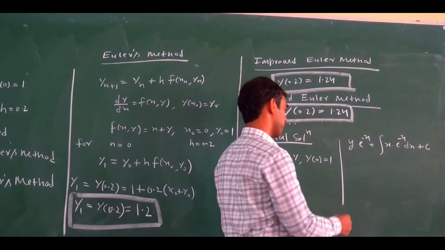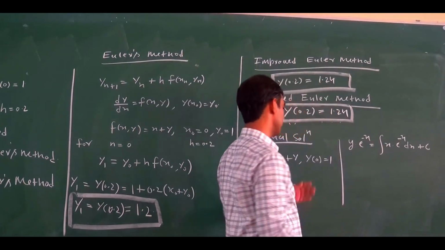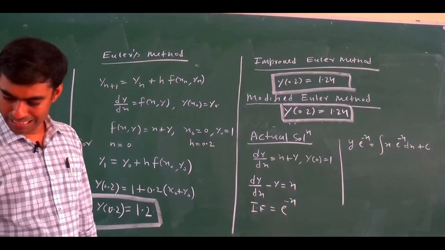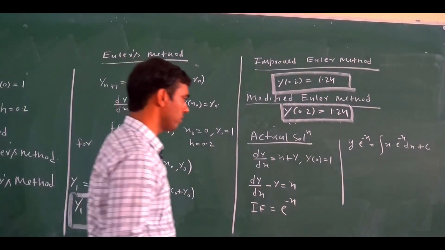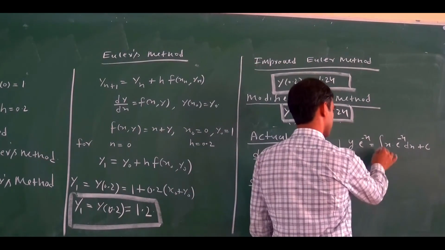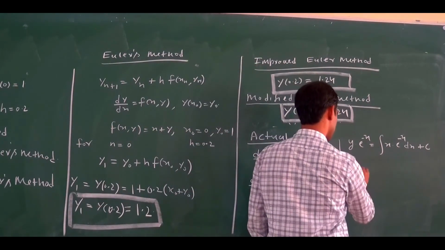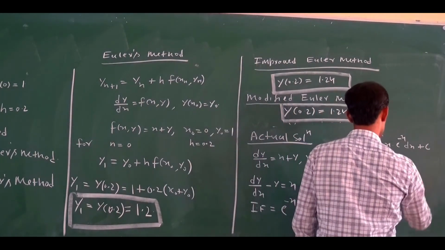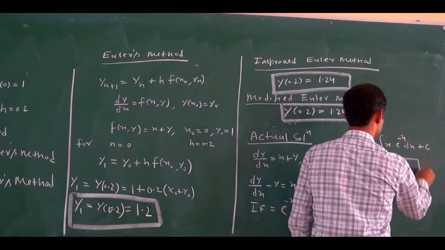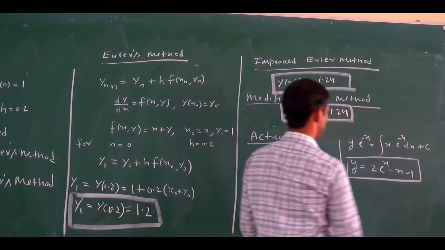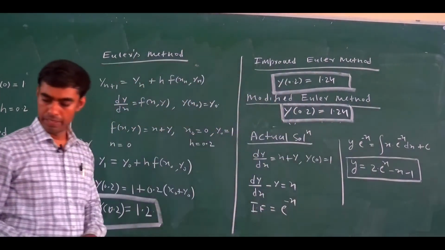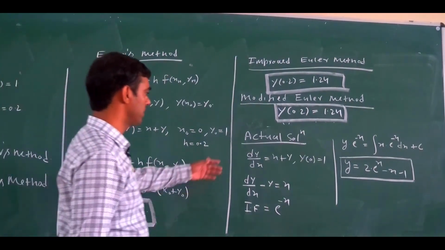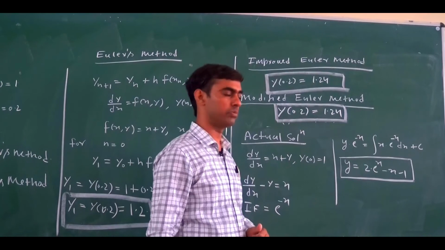After solving this and putting the initial condition, we find the solution y equals 2 e to power x minus x minus 1. This is the actual solution of this differential equation with this initial value.